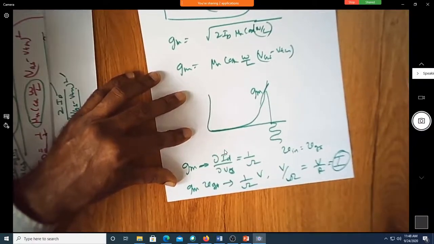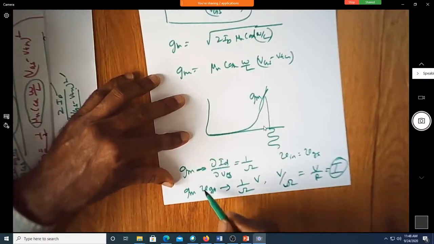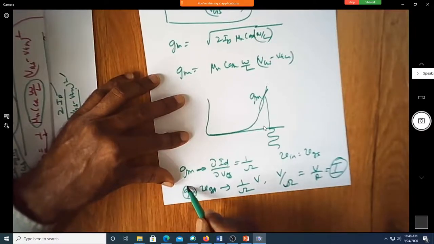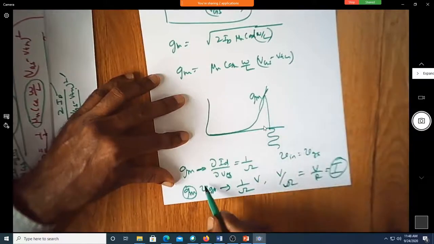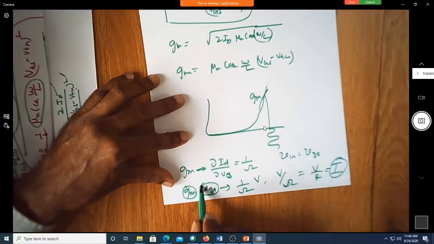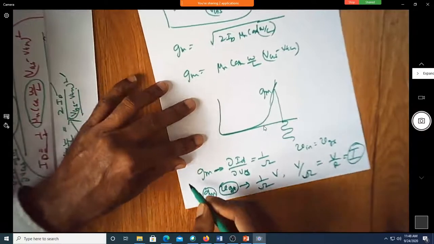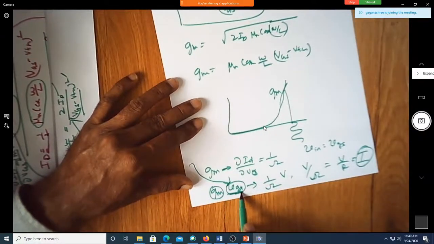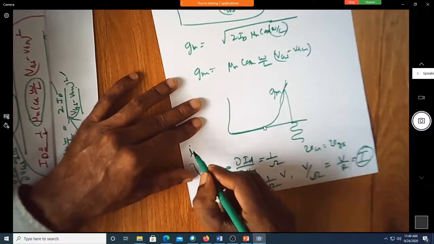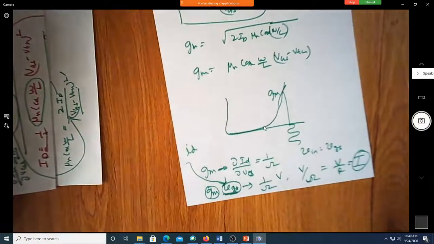So that's why we are representing it this way: because of this gm, which is due to the operating region of your MOSFET, and because of the applied small signal, you have some current. You applied a small signal, no? We apply a small signal ID.